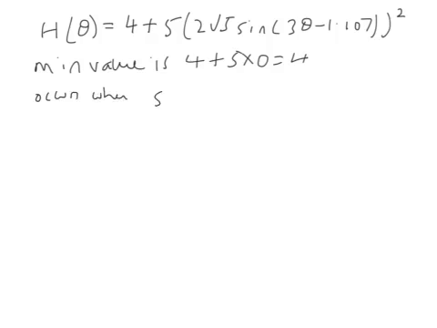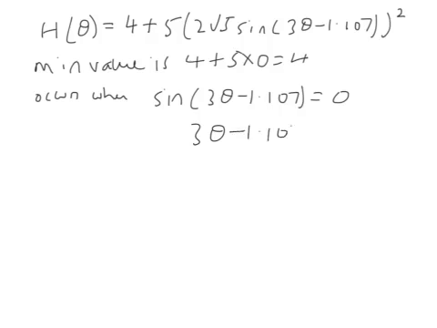So this occurs when sine of 3 theta minus 1.107 equals 0, and that equals 0 when 3 theta minus 1.107 equals 0 or 2 pi, etc. So 3 theta is 0 plus 1.107, or 2 pi plus 1.107.